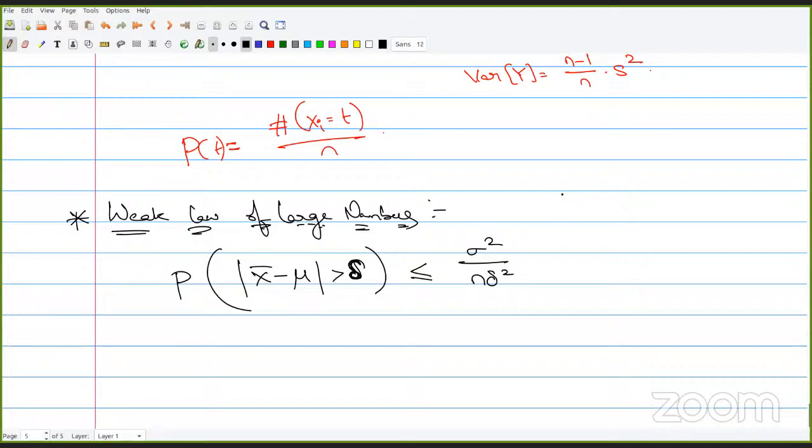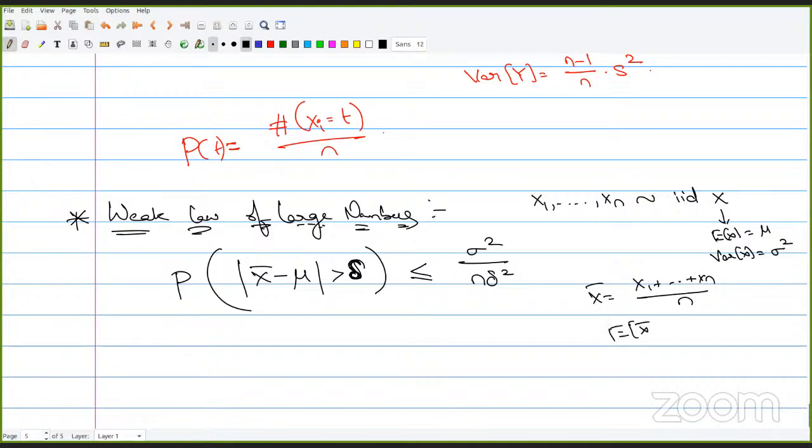What are these sigma square and delta? Suppose I have random variables x1 to xn, iid, where x has parameters: expected value of x is mu and variance of x is sigma square. Here x bar is nothing but (x1 plus and so on xn) by n.